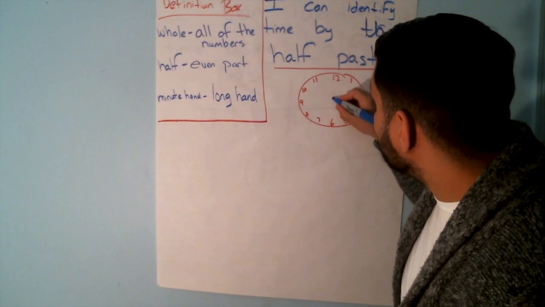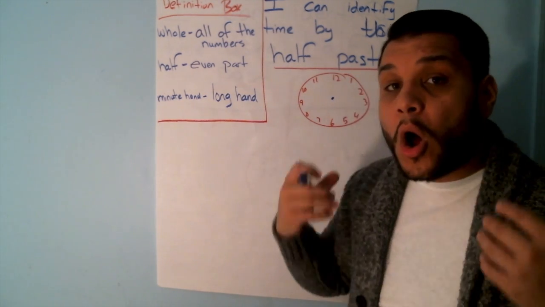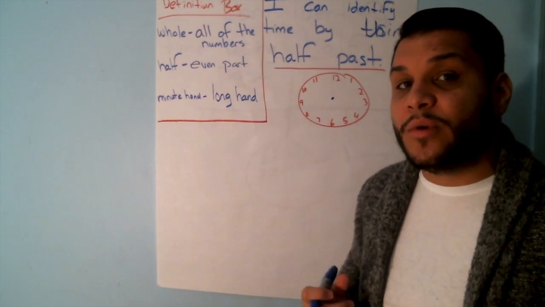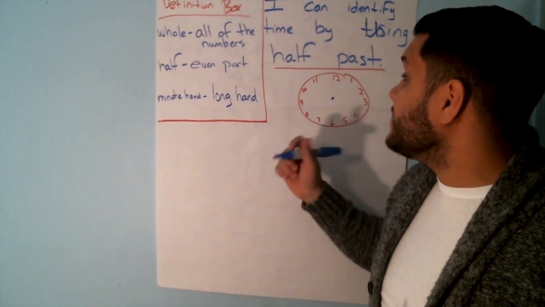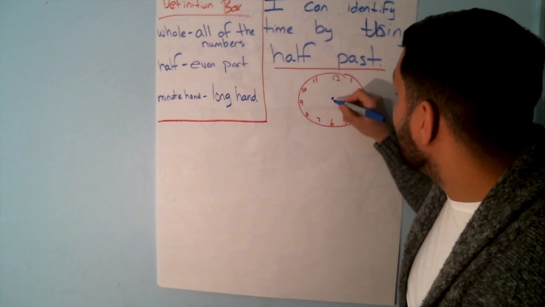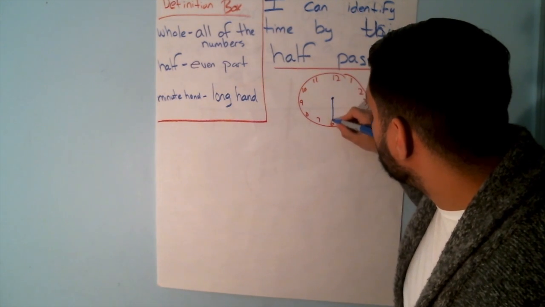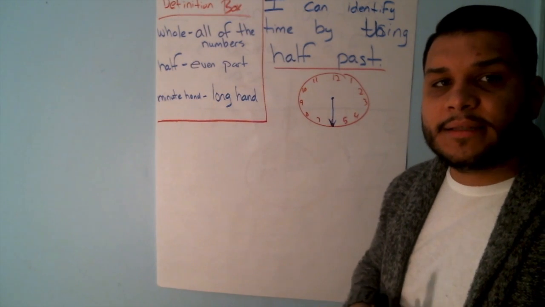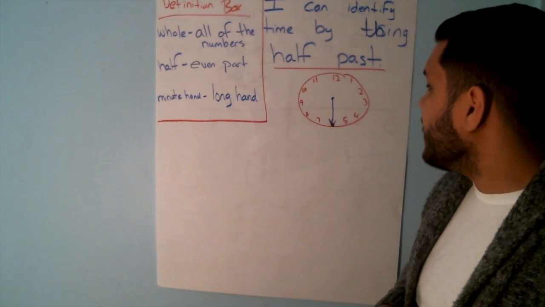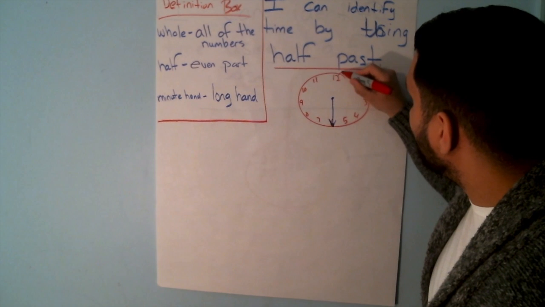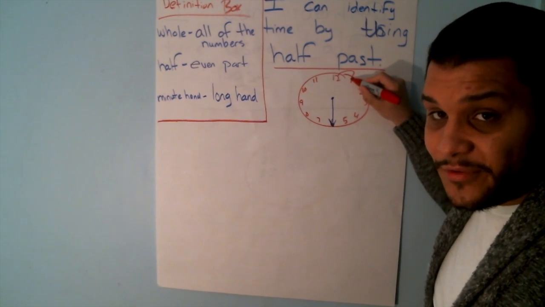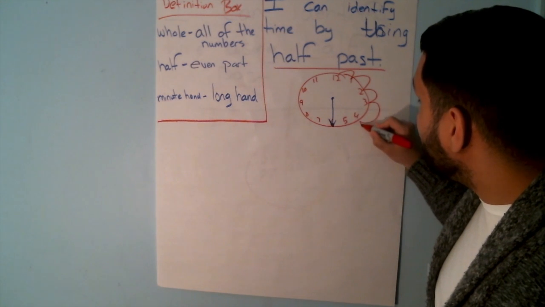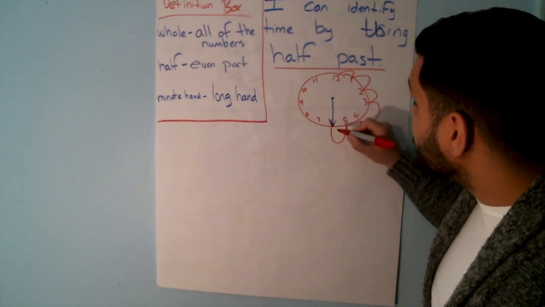So I know that today, anytime that I deal with half past, I am going to be using my minute hand at the 6. Because how many minutes is that? Well, let's break it down. We're counting by 5s. 5, 10, 15, 20, 25, 30.